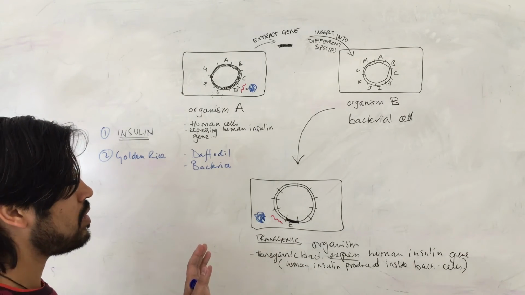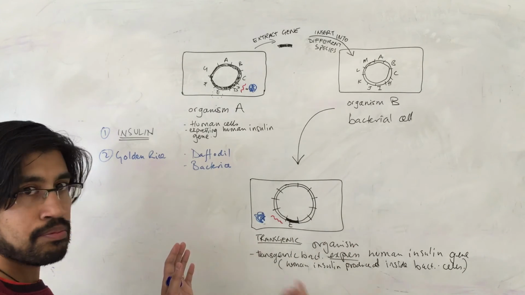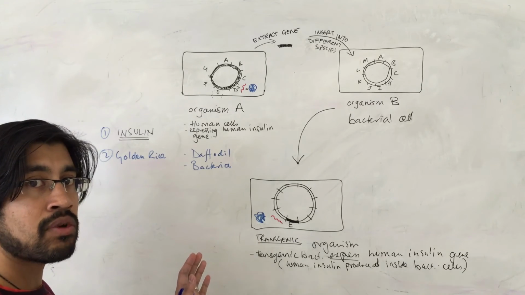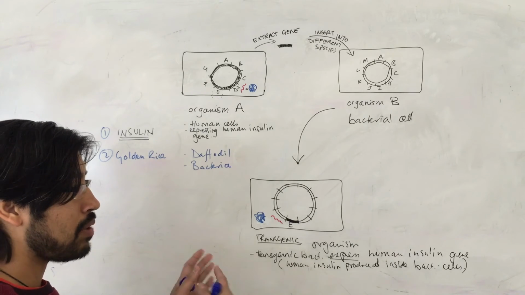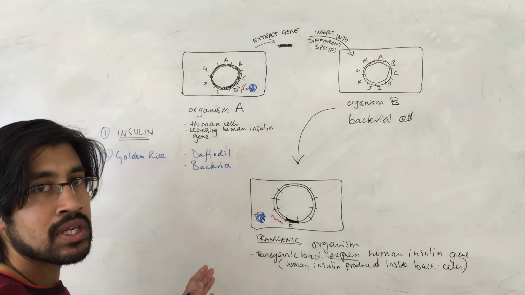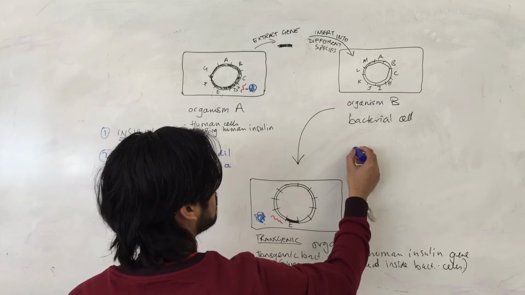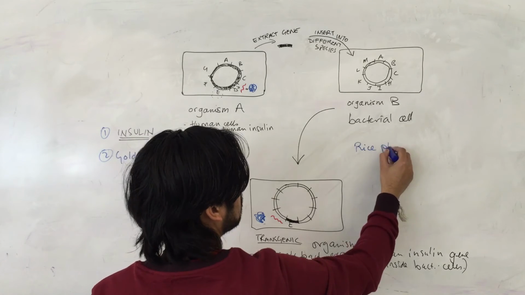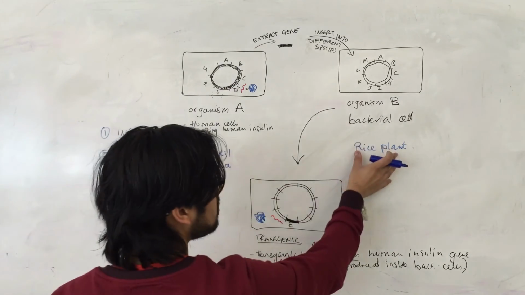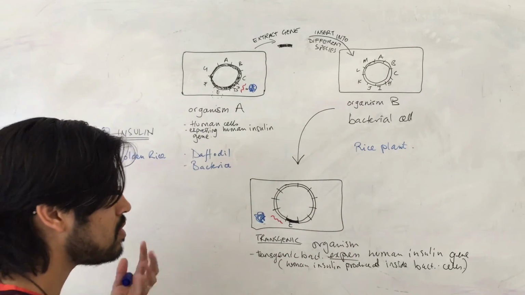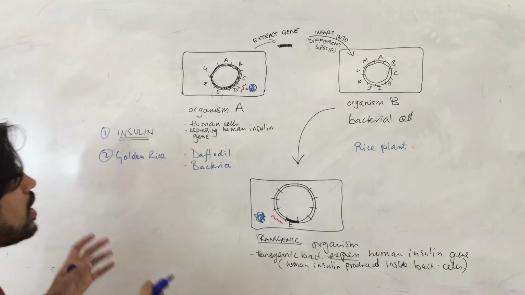So the idea was to insert the gene for these enzymes into the plant, producing a transgenic rice plant that would then have the enzymes to convert this starting compound into beta-carotene. So organism B, the recipient organism, is the rice plant.